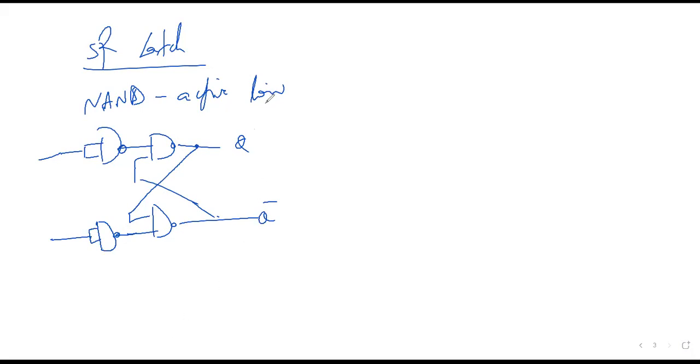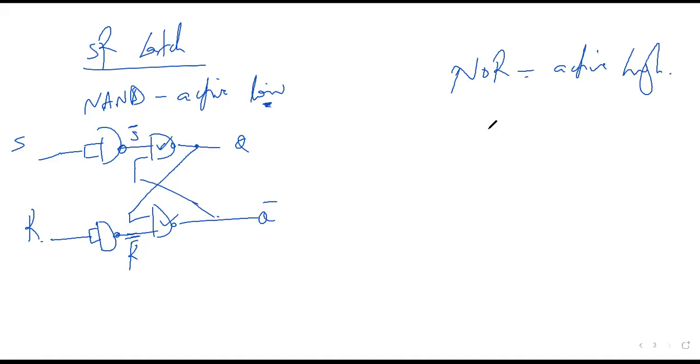Why is it called an active low? Because the inputs going into this last NAND gate, this one and this one, are lows, zeros. So we have S bar here, we have R bar here. They are lows, and outside we have S and R. We have a NOR version. This is active high. Why is it called an active high? Because the inputs going into the last NOR gate, the inputs which are directly linked to the output, are high.